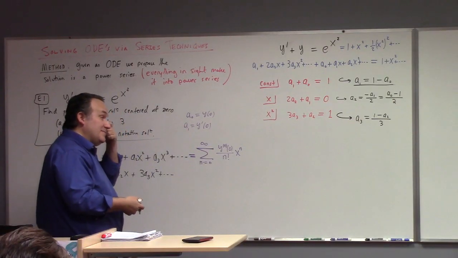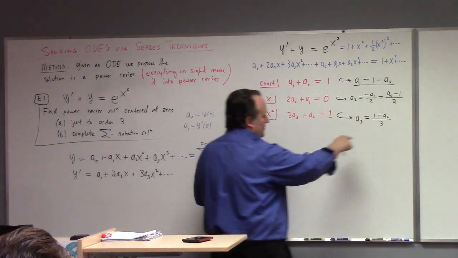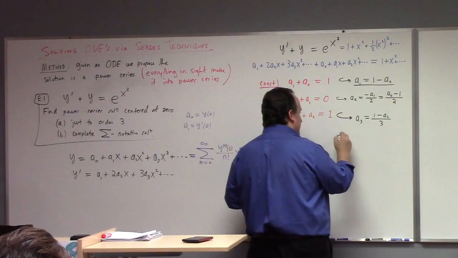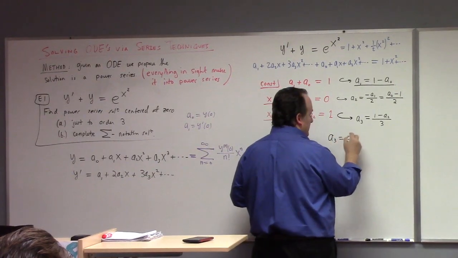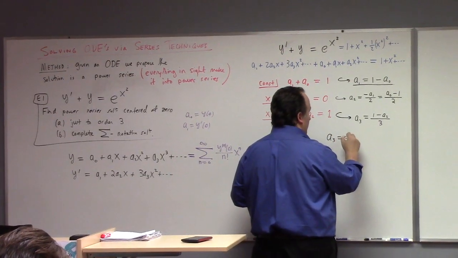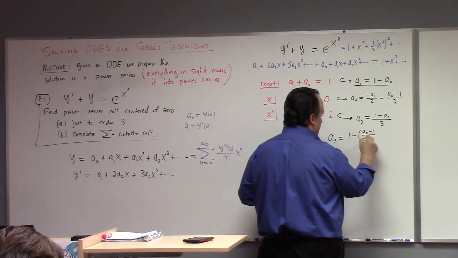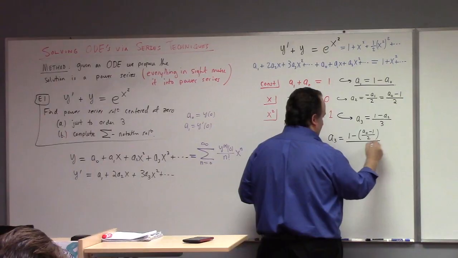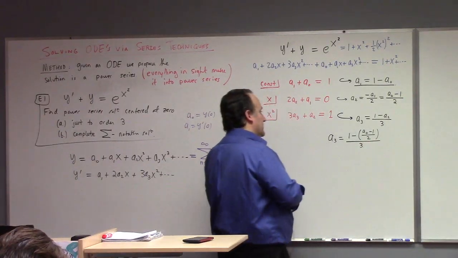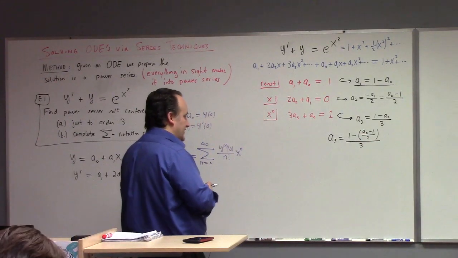All right. Okay, so we want to write our answer in terms of a sub 0. So my a sub 3 is actually equal to 1 minus parentheses a sub 0 minus 1 over 2, close parentheses, divided by 3. Which I guess we could clean up.